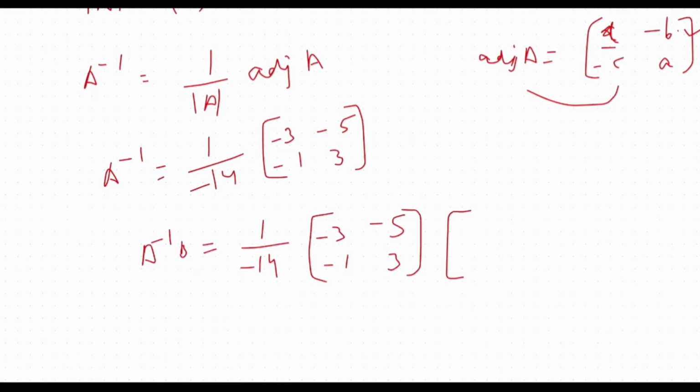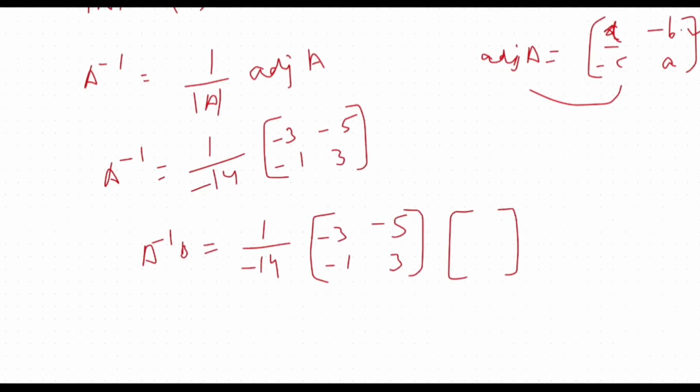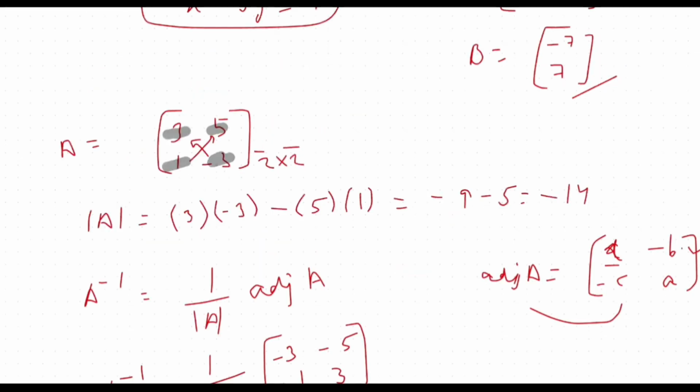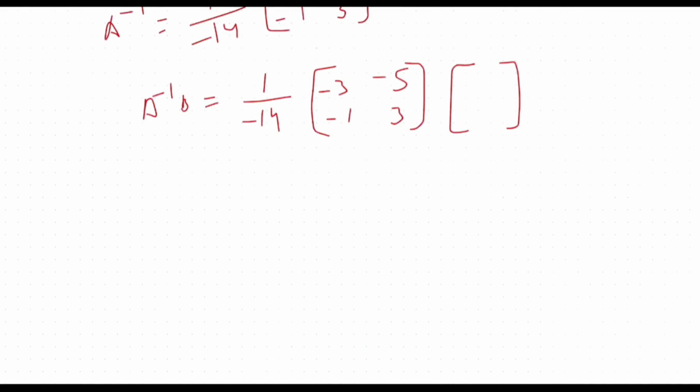So for now, here we have B, and we need to put, in the almost last step, negative 7 and 7.